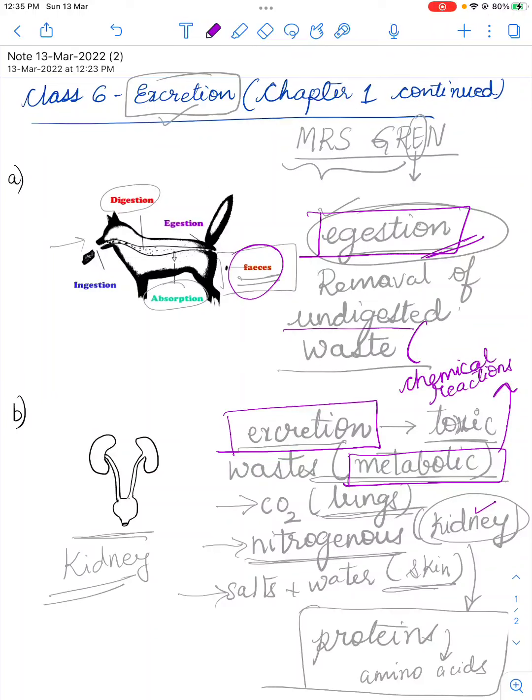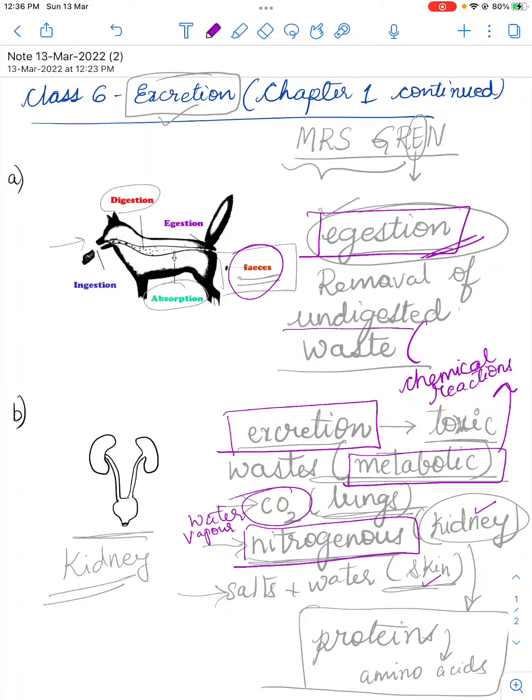They are formed as a result of the metabolism of proteins. That is how the nitrogenous wastes are produced in our body. Carbon dioxide is also a byproduct which is removed with the help of lungs. Some of the salts and water can also be removed through our skin. And also, mind you, lungs also excrete, along with carbon dioxide, a little bit of water vapor as well.